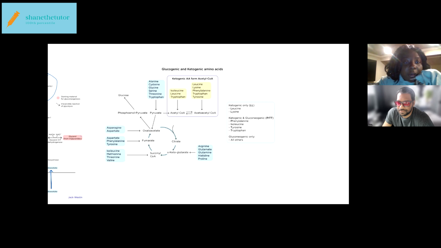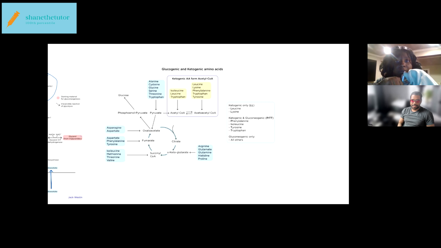But it also seems like there's some amino acids that can form acetyl-CoA. Oh yeah, that's the thing that everything converges to, meaning all fats, all carbs, all proteins.